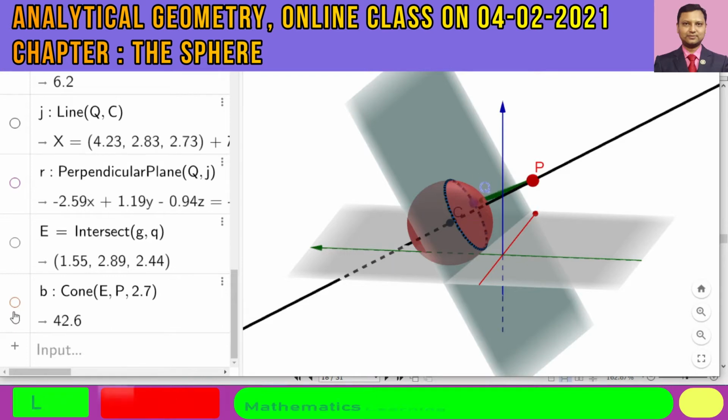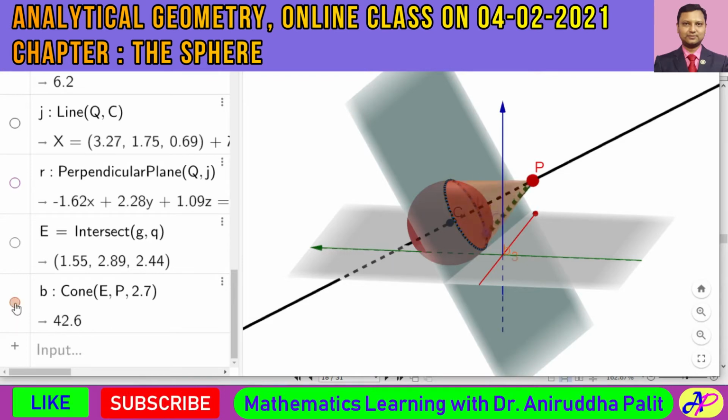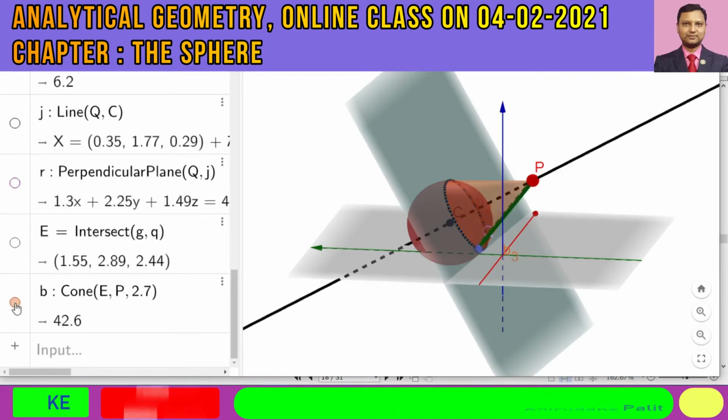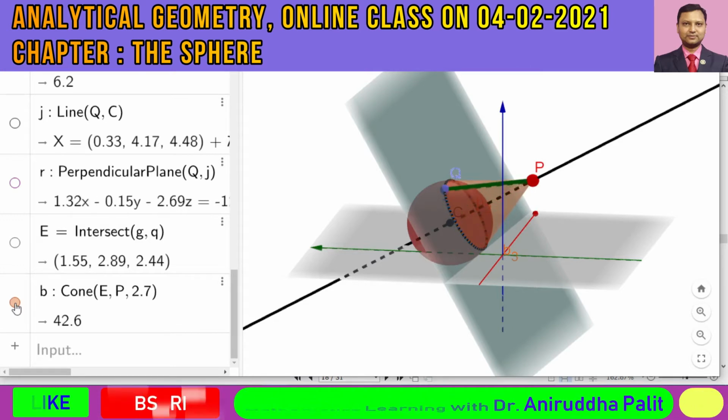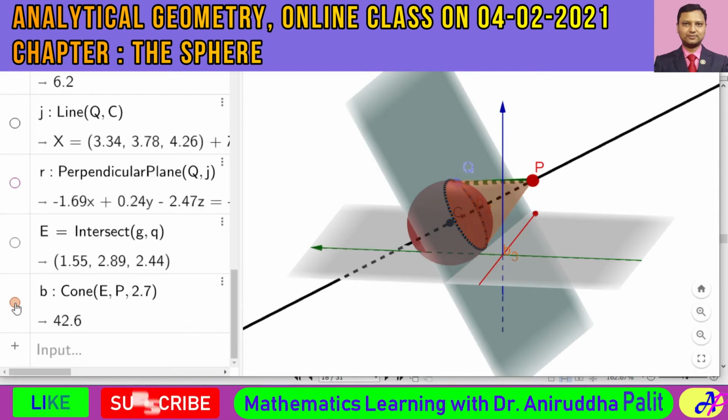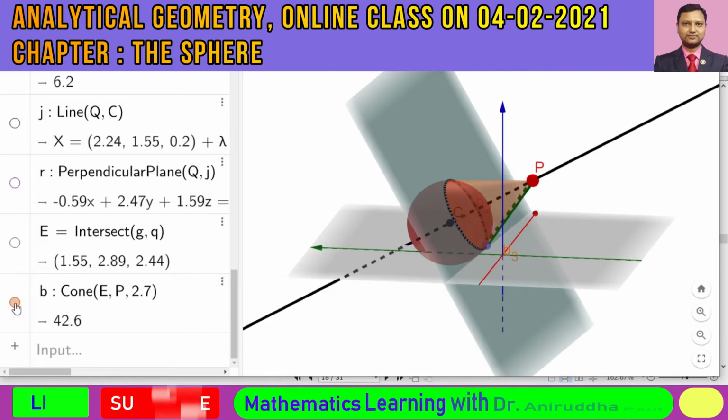In fact, this PQ straight line will generate a conic like this, with P as the vertex and PQ as the generator.